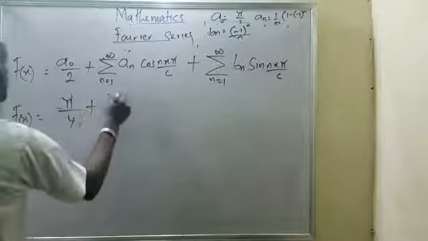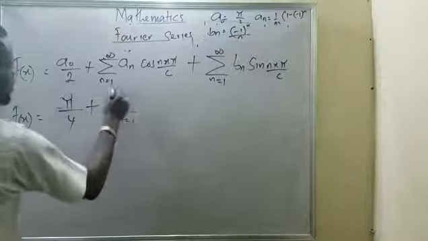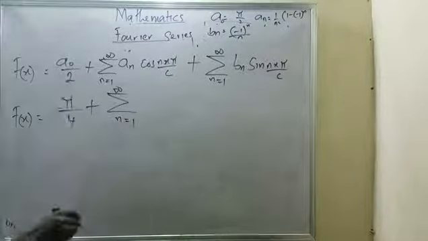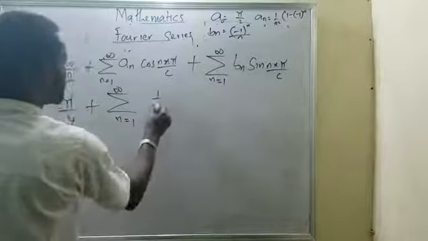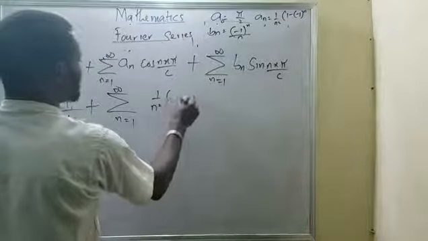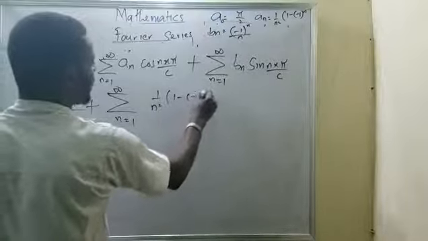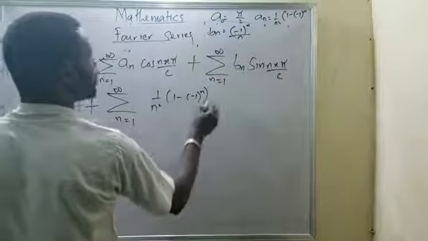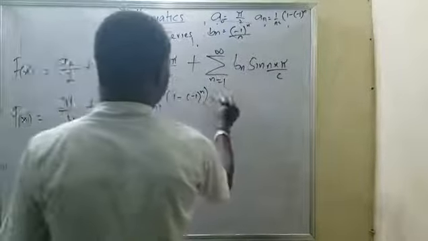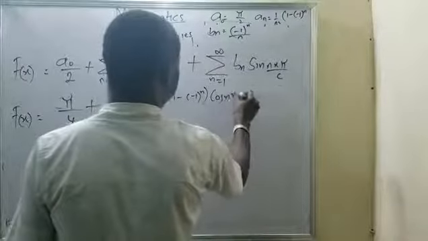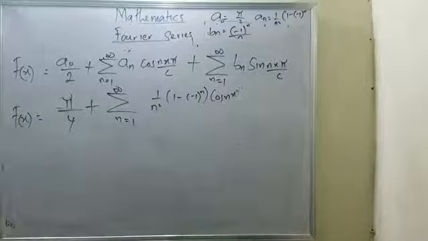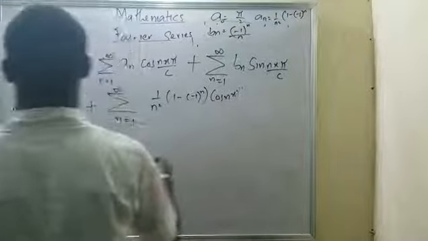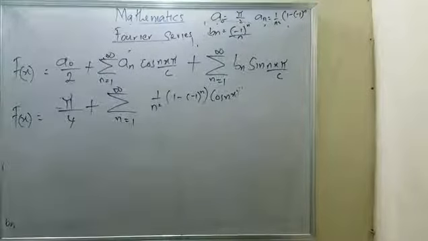Plus, now, summation run from n equals 1 to infinity. What is my a of n? My a of n is equals to 1 all over n squared bracket of 1 minus 1 to the power n, cos nx pi. Yes, at this point we are working on pi.